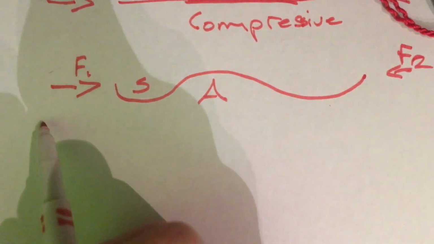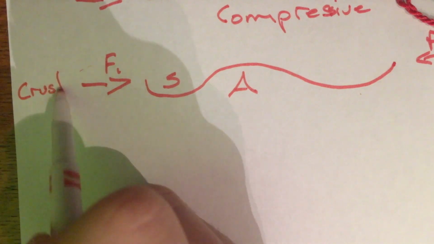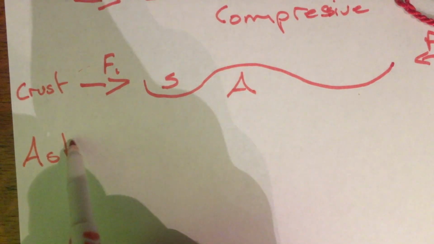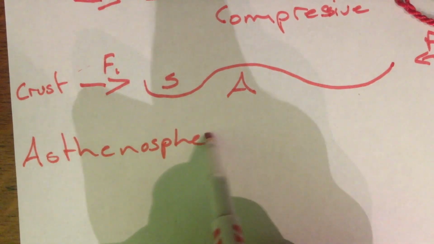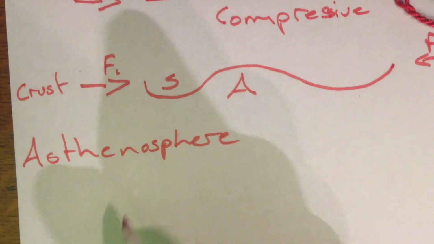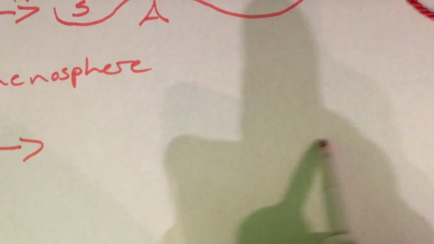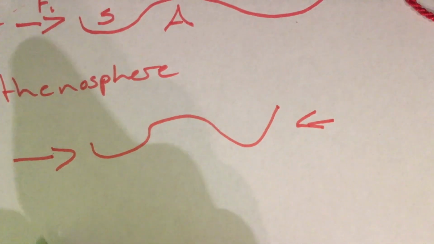So we're just going to label this the crust right there, and this is going to be the asthenosphere right there.